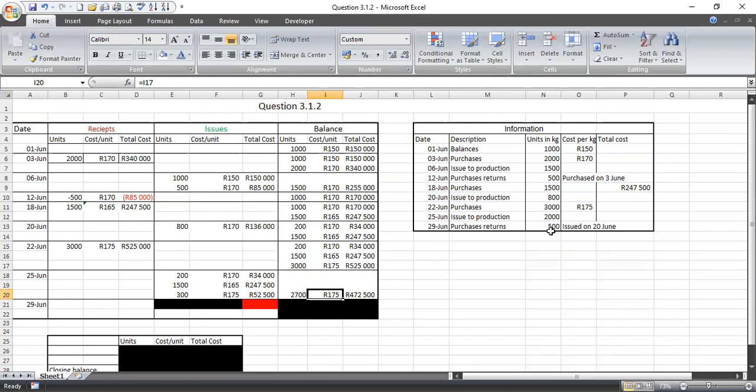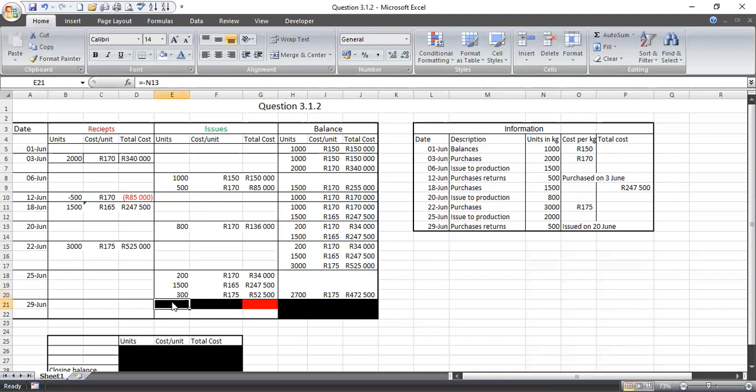So in our warehouse, the inventory is going to increase because there has been a return from the production department. So we go to the 20th of June, where we issued 800 units at a cost of 170. So we'll use this cost per unit for the return of 500 units.